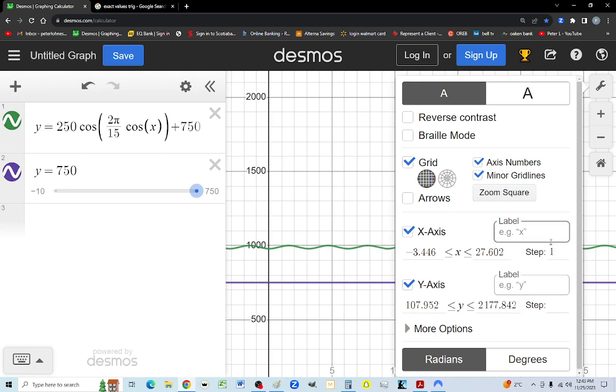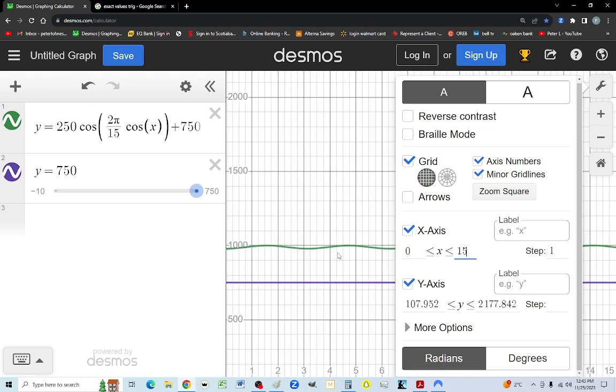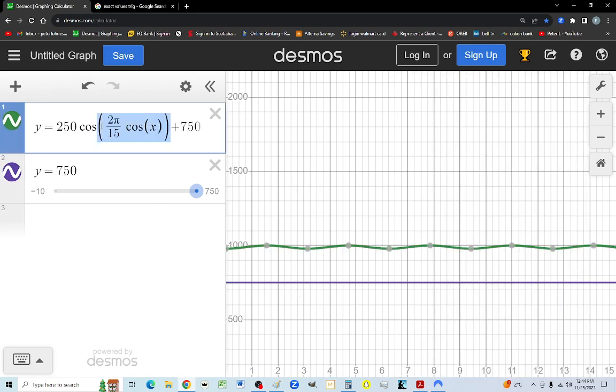We have to get rid of any labels. From 0 to 15. That period is not right. That period is also not right. Oh, there you go.